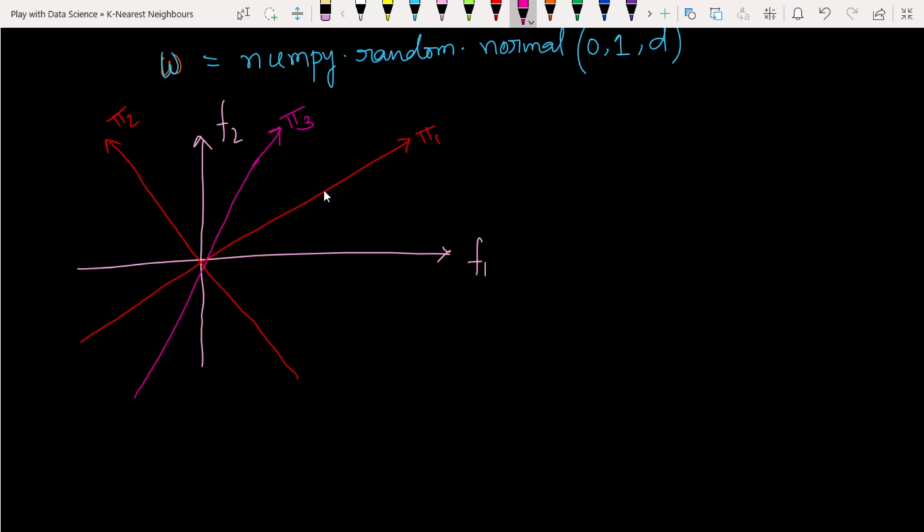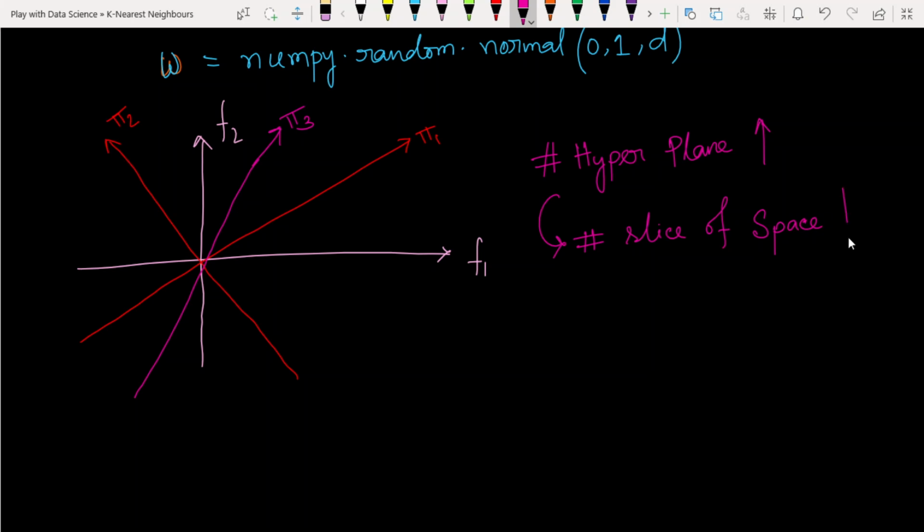As many hyperplanes as you consider, our space will be sliced, so the number of slices of our space will increase. So, simply, the conclusion is that if the number of hyperplanes is increased, then the number of slices of the space will increase. Okay, this is the simple relation.